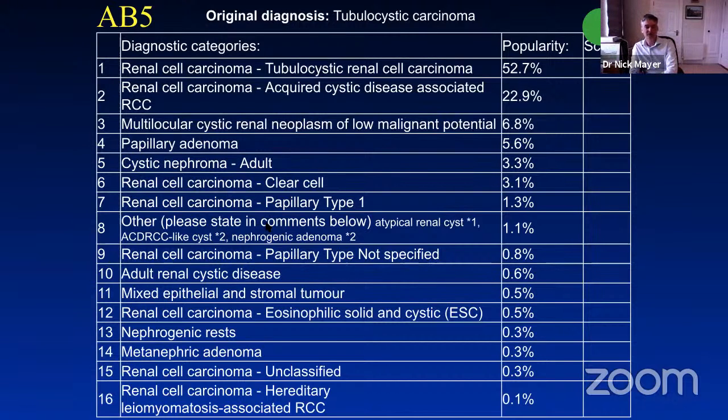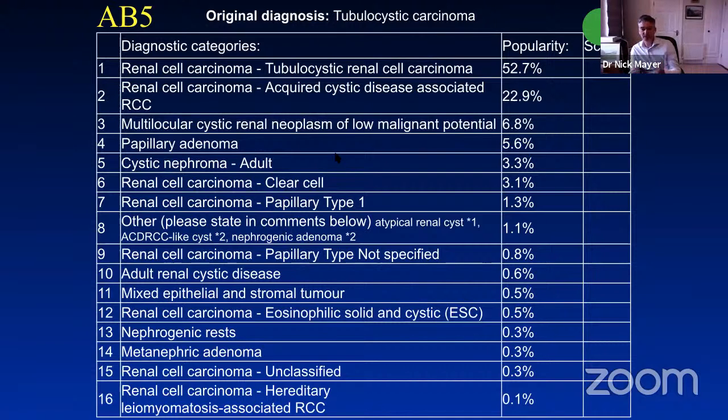And interestingly, when we dug back, this case was actually from 2016, so it's quite an aged case. It was referred to an internationally renowned renal tumor pathologist at the time, who favoured it being a tubular cystic renal cell carcinoma.